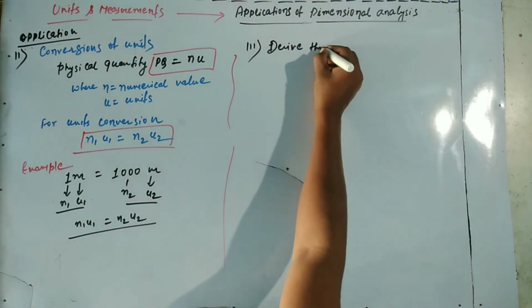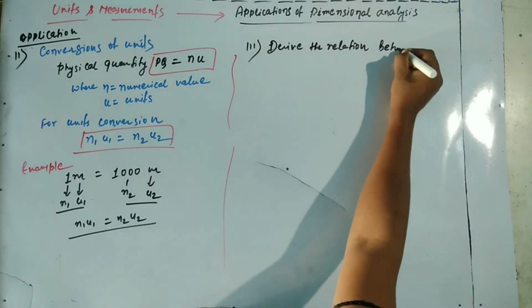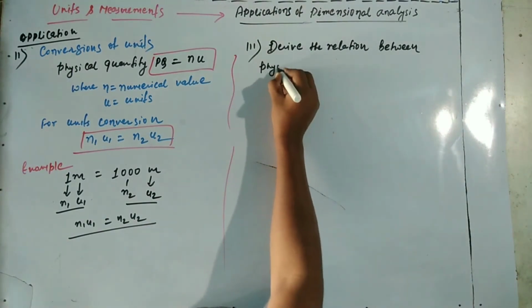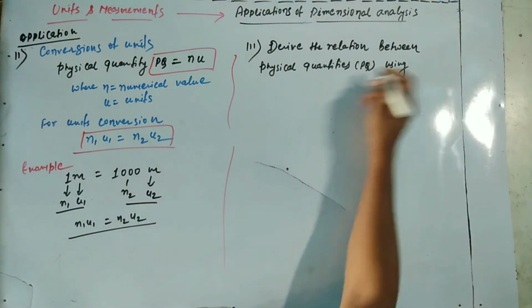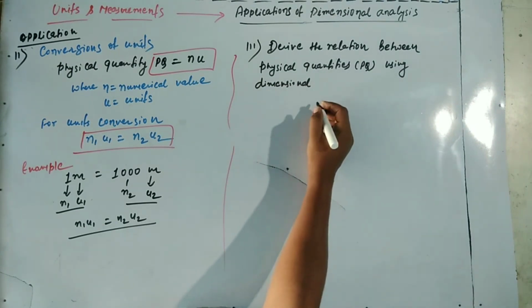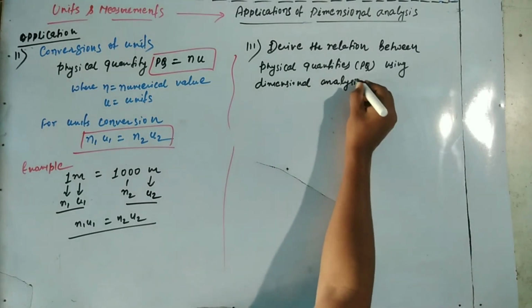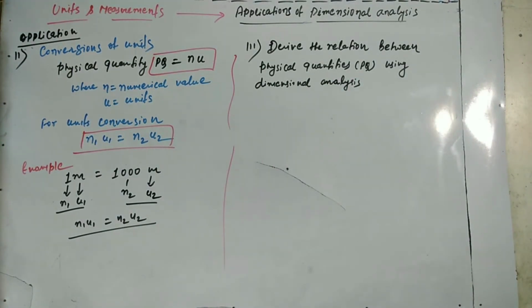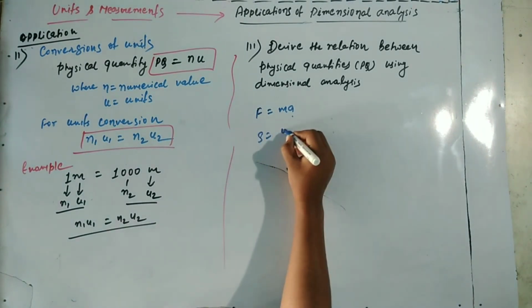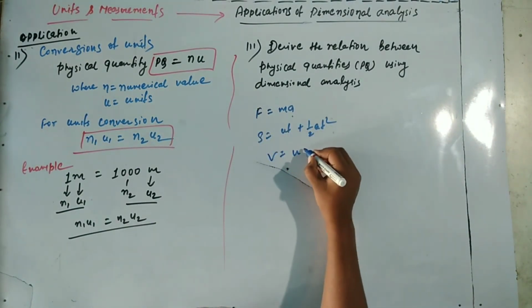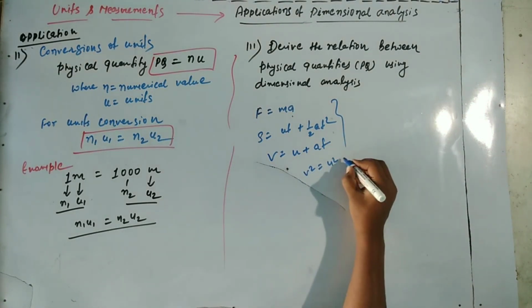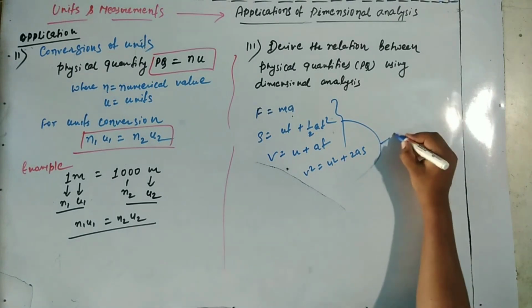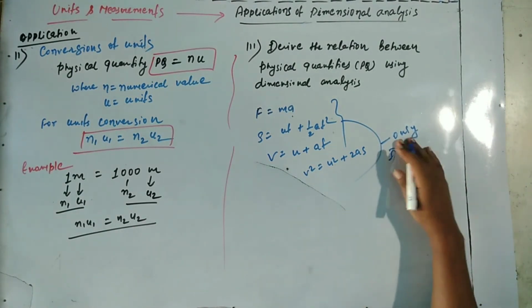And the next one is to derive the relation between physical quantities using dimensional analysis. Many physical quantity relations, suppose F equals ma, S equals ut plus half at square, V equals u plus at, these relations can be derived by dimensional analysis.